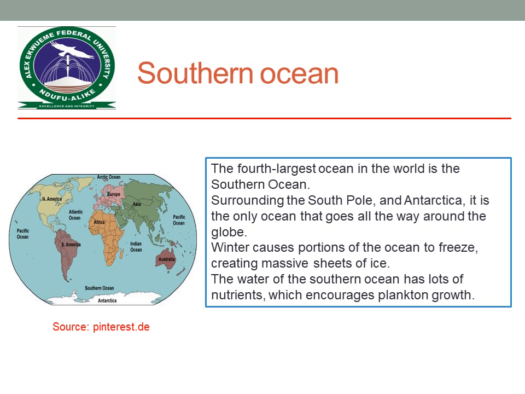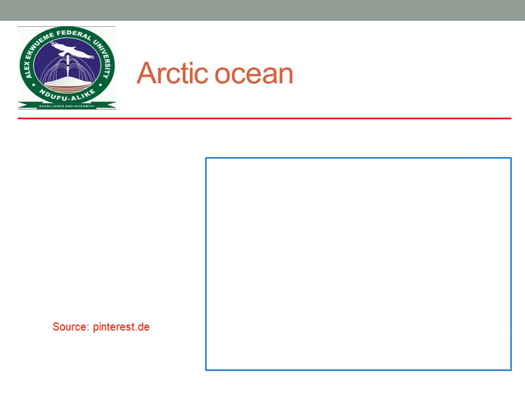Oftentimes, especially in winter, the water freezes and forms ice sheets, and the water is also very rich in nutrients, encouraging plankton growth. As we proceed in this course, we'll get to understand why the water of the Southern Ocean is rich in nutrients and why it encourages plankton growth.